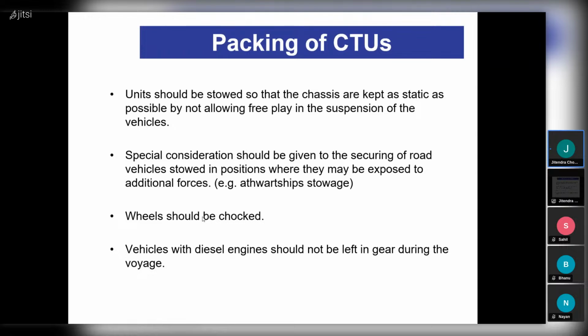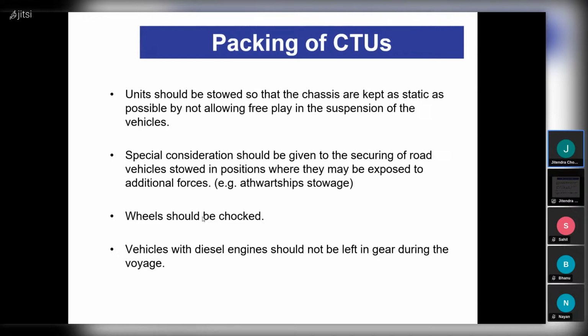Then special consideration should be given to the securing of road vehicles stored in positions. The main issue is the big trucks, because they can move quite damagingly in rough weather, rolling and pitching.